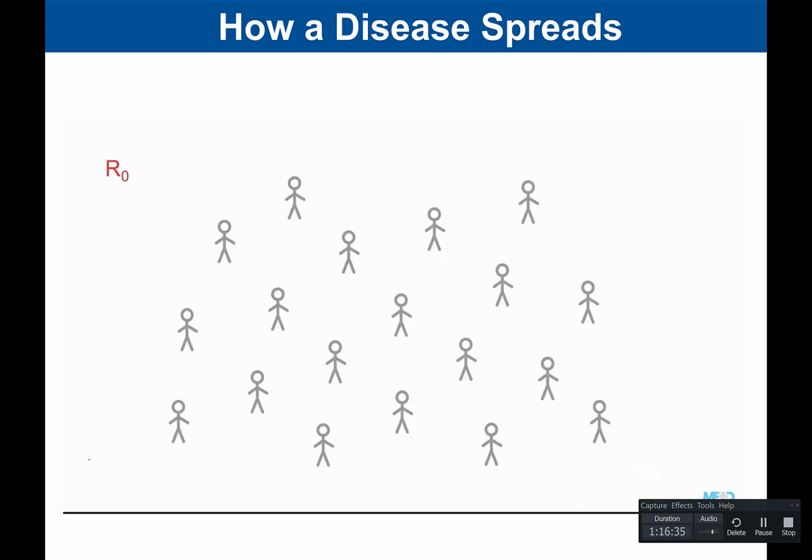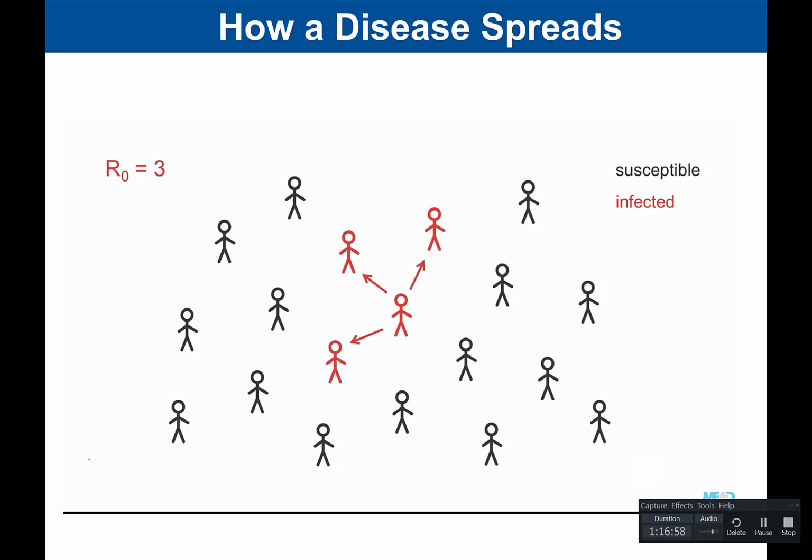In a previous video, we talked about R0, the basic reproductive ratio. Let's look at this example where we have 1 diseased or infected individual and 18 susceptible individuals. As you might remember, R0 is the average number of individuals an infected person gives the disease to. R0 is fairly constant for a given disease.